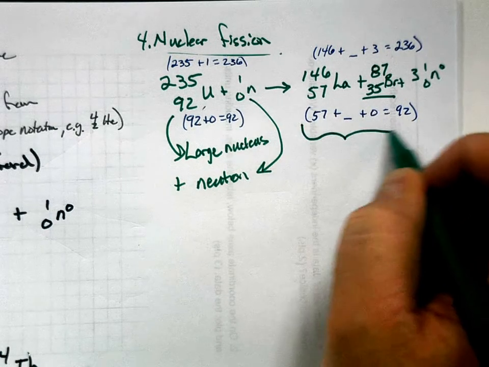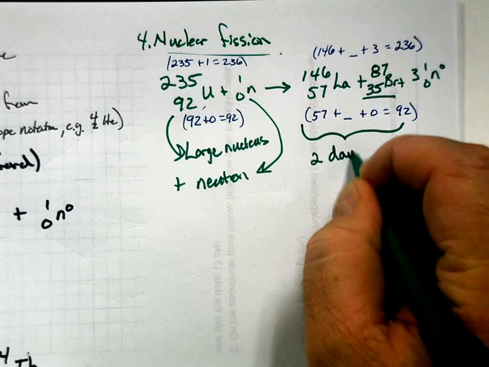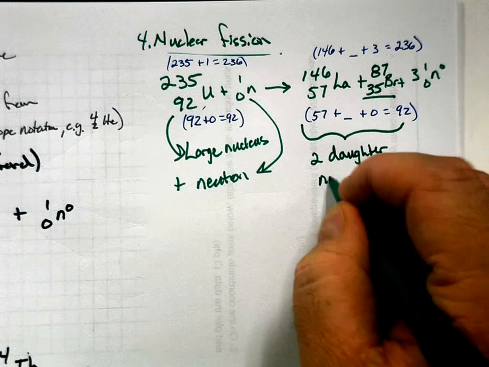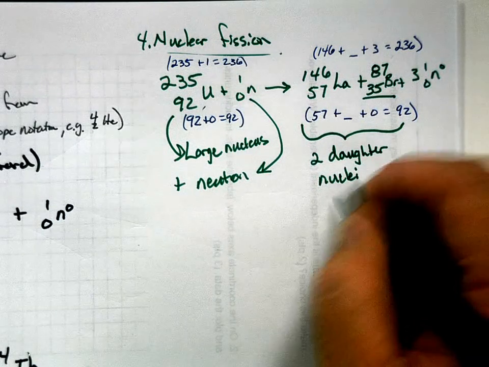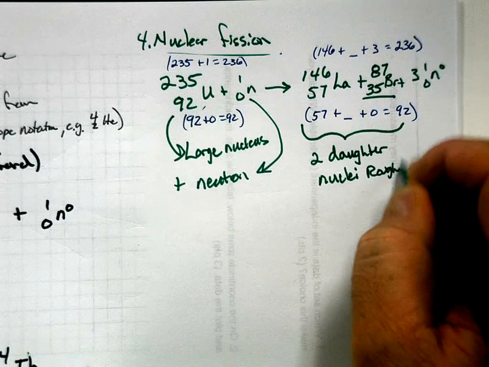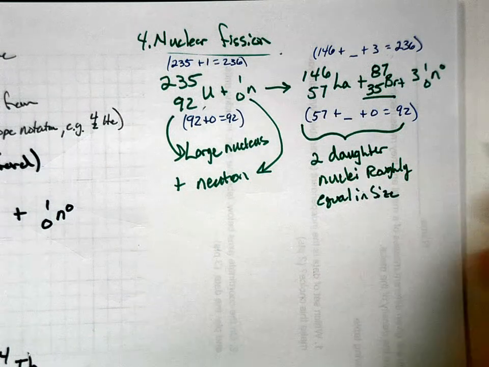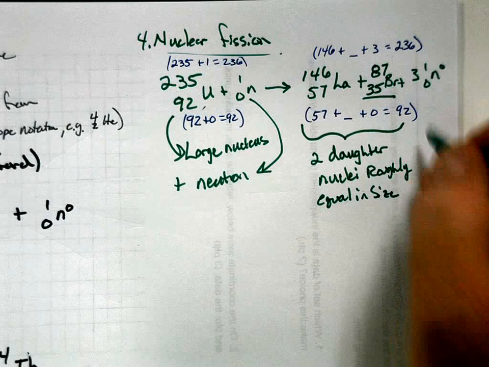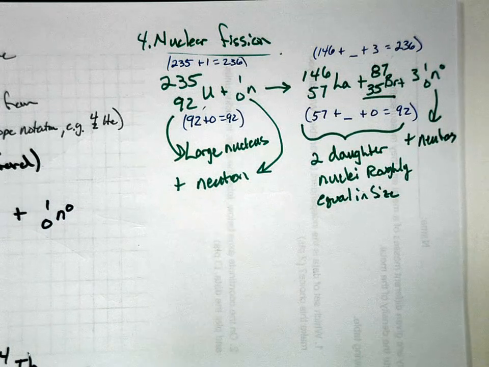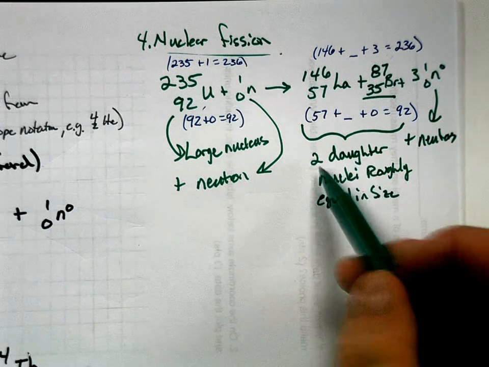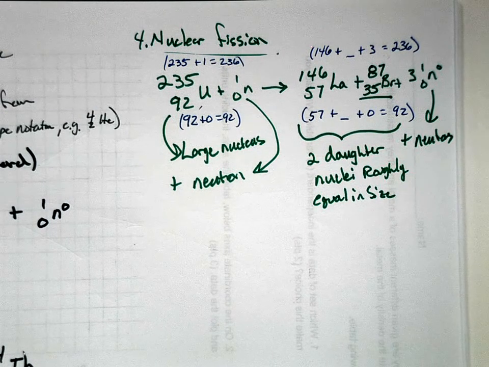And on the right, we have two daughter nuclei that are roughly equal in size, as opposed to an alpha particle and a big nucleus.